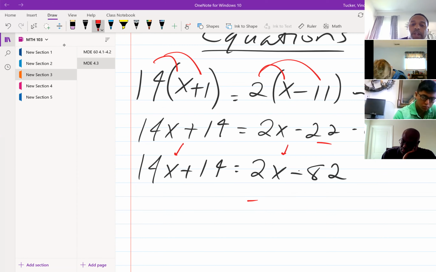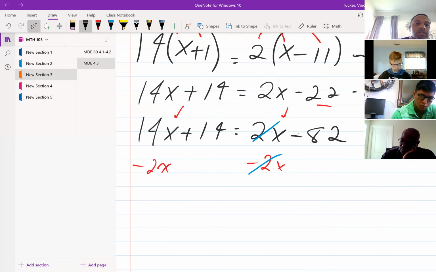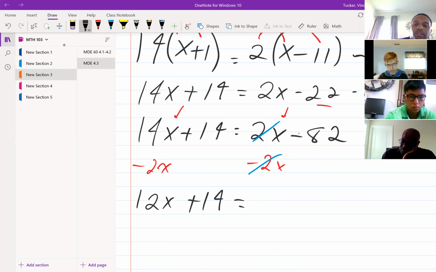So we can subtract 2x. Cancel out on the right. So that'd be 12x plus 14 equal to negative 82.